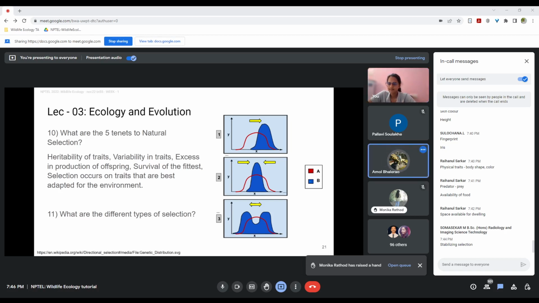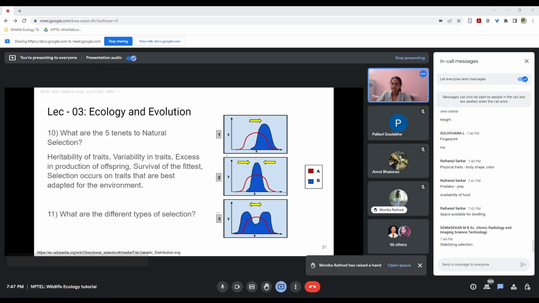The young ones survive between 3 to 4 kg in human beings, as opposed to lower than 3 kg and more than 4 kg. Yes, that would be an example of stabilizing selection, where you have an optimum weight that is selected for, and you have pressures on both sides. The lower weight on one side is not really favorable, and the higher weight on the other side is also not that favorable.